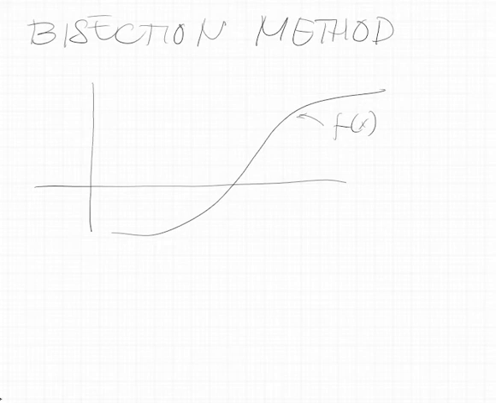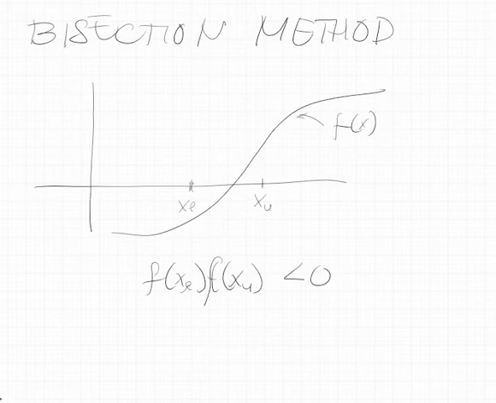If our initial guess is the lower value xl and the upper value xu, and we multiply f of xl with f of xu, and this is less than 0, then we can locate a root between the interval xl to xu.